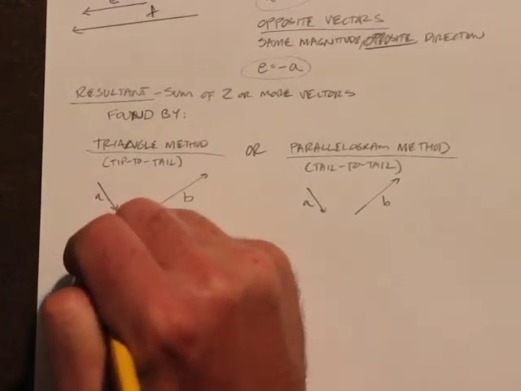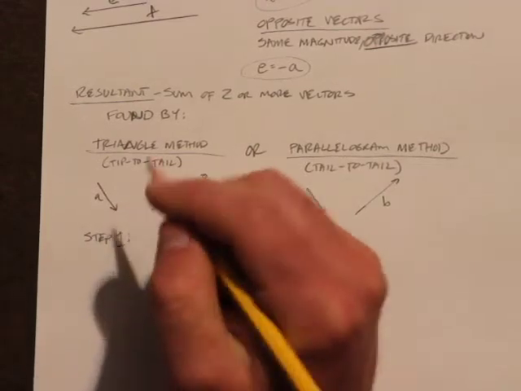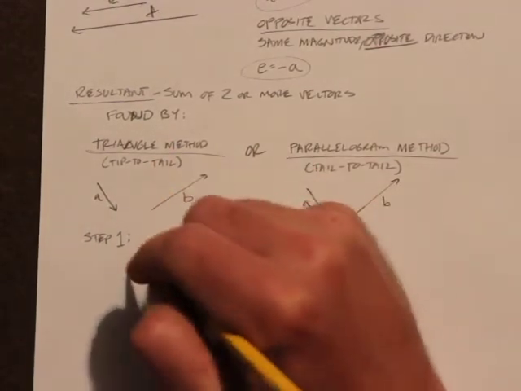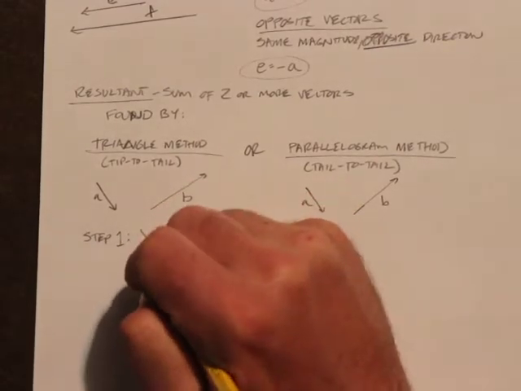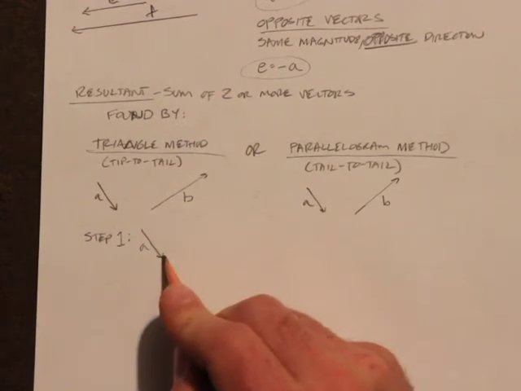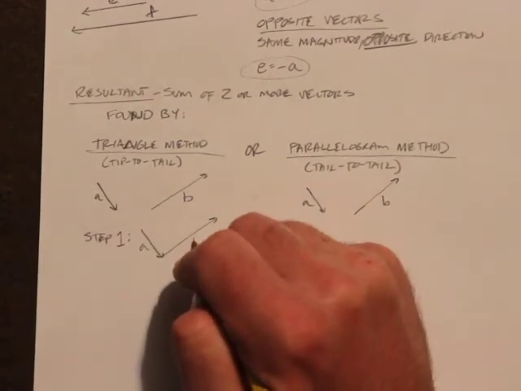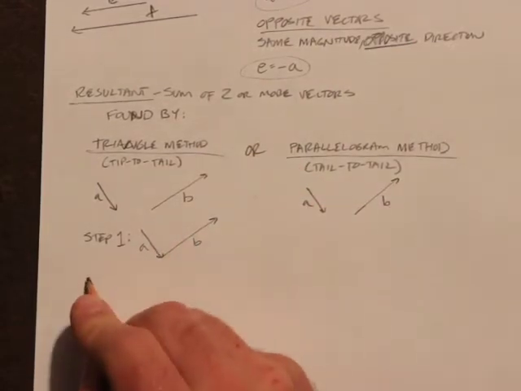Triangle method, step 1. I just take the tip and the tail and join them here. So I've got A going that direction like that, and B, I just move it over like that. And so that's step 1.